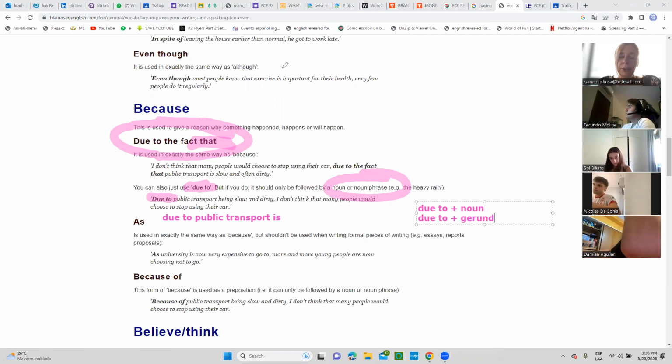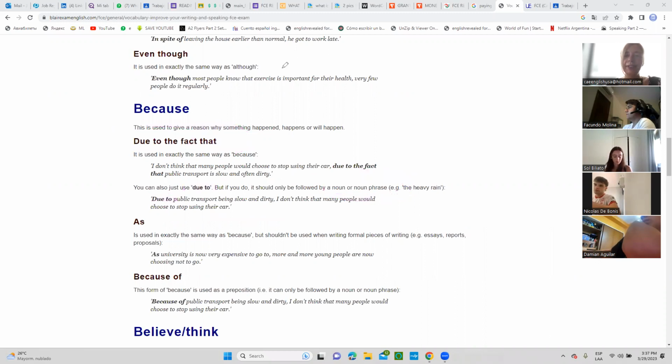Okay. It's wrong to say due to the teacher woke up late. Okay, so no conjugated verb with due to, no conjugated verbs with in spite of, no conjugated verb with despite.